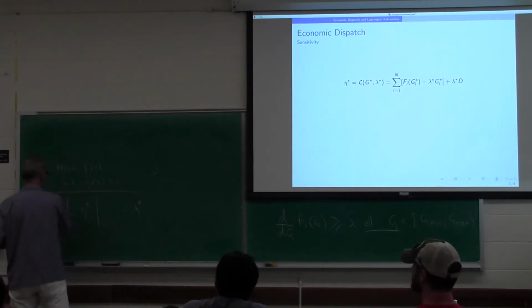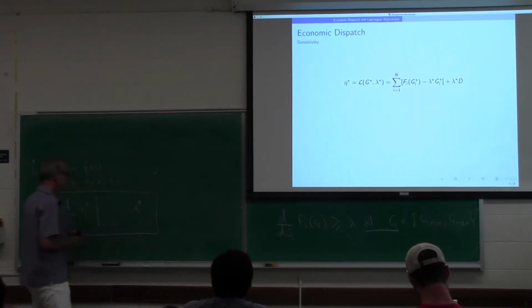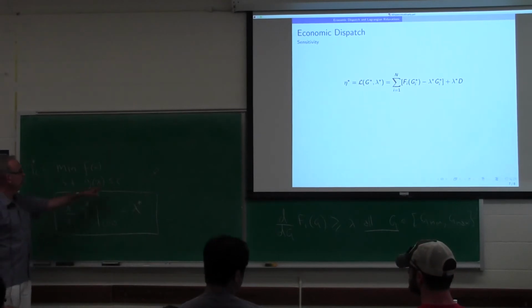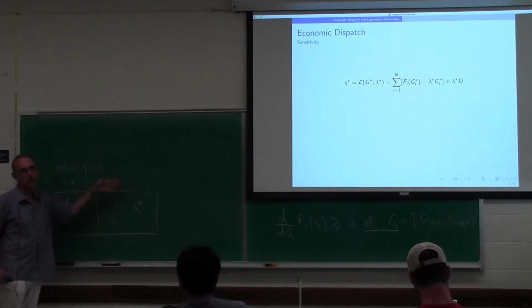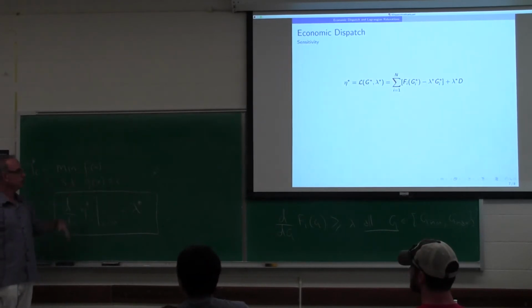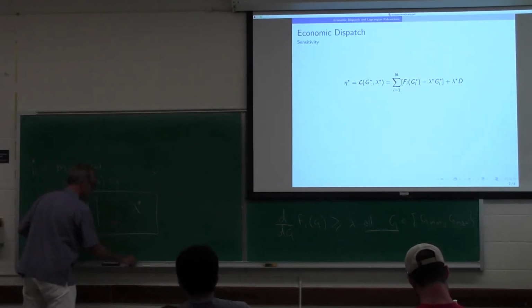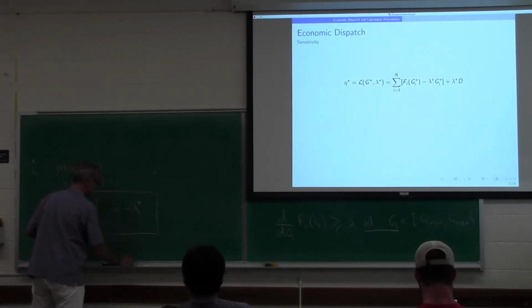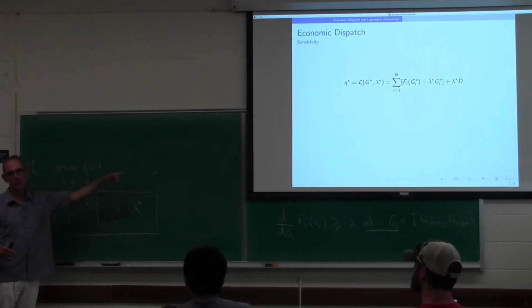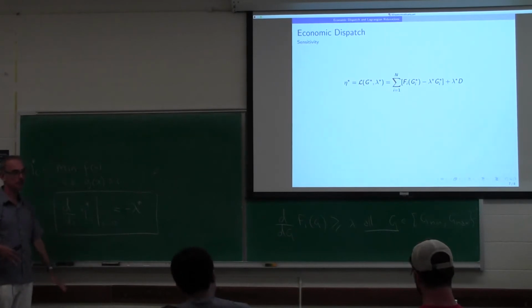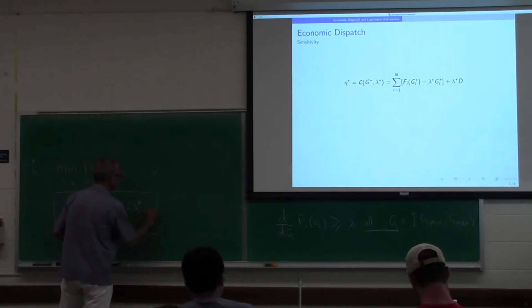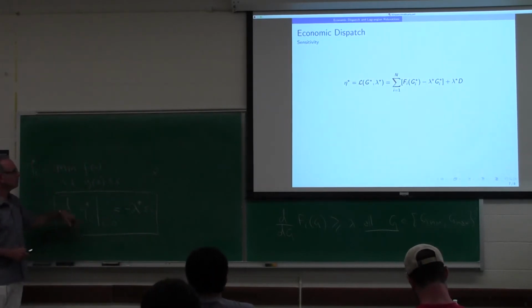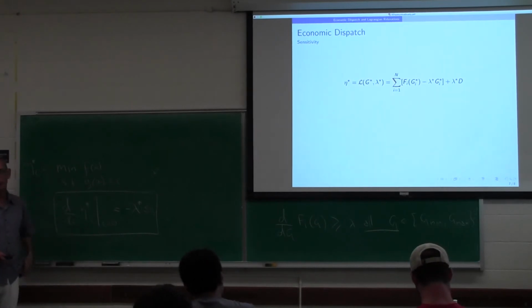This beautiful result: if I relax the constraint, so as I let C get bigger and bigger, I have a larger and larger set. And there's a minus sign missing, isn't there? As I let C get larger and larger, I get a bigger and bigger constraint set. And so we know that this minimum is going to go down. So the lambda star is less than or equal to 0. So basically the sensitivity to the constraints is the derivative here.